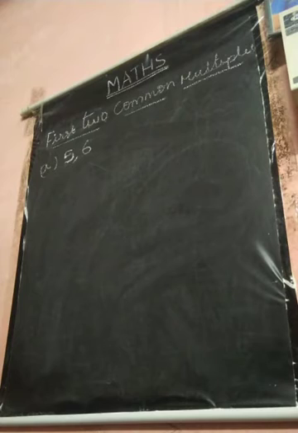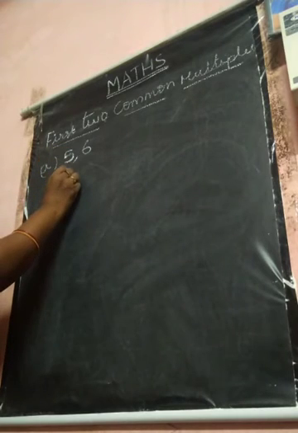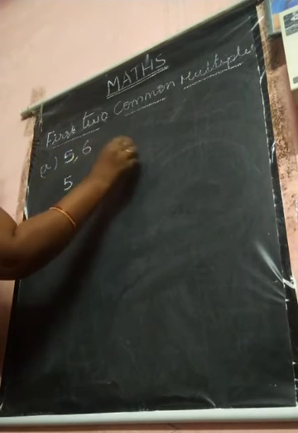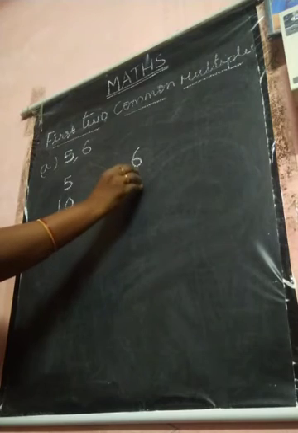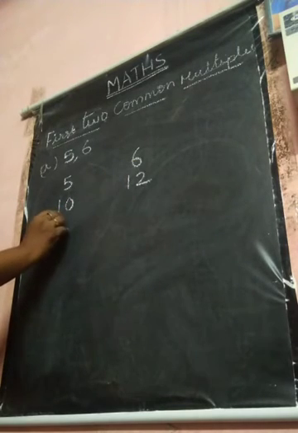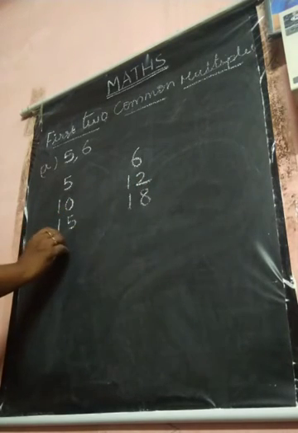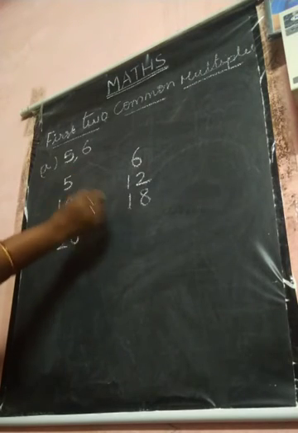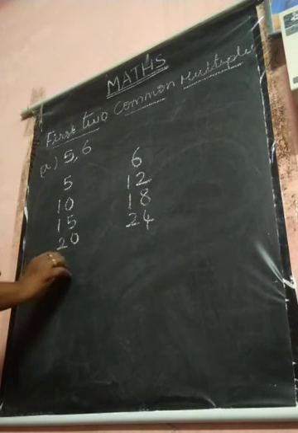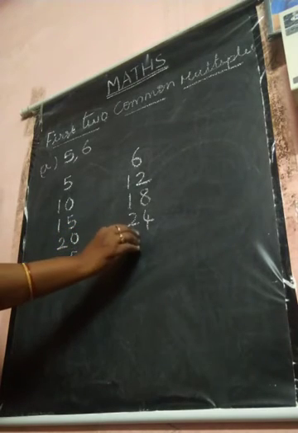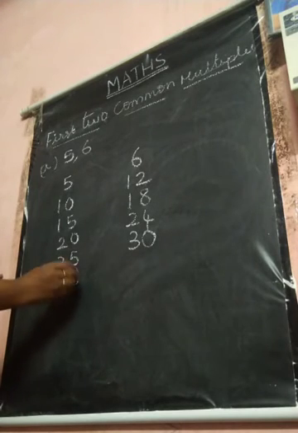Find the first 2 common multiples of 5 and 6. 5 ones are 5, 6 ones are 6. 5 twos are 10, 6 twos are 12. 5 threes are 15, 6 threes are 18. 5 fours are 20, 6 fours are 24. 5 fives are 25, 6 fives are 30. 5 sixes are 30.